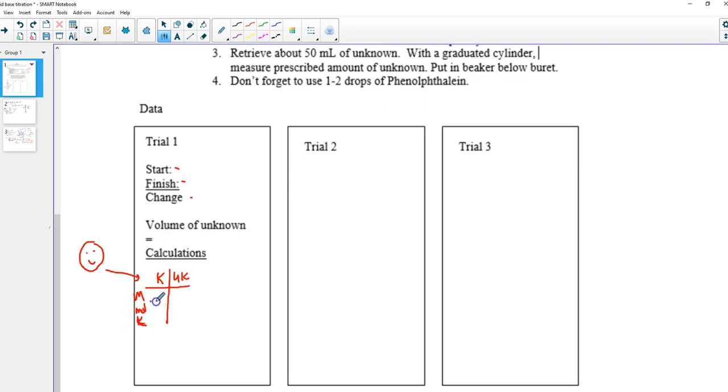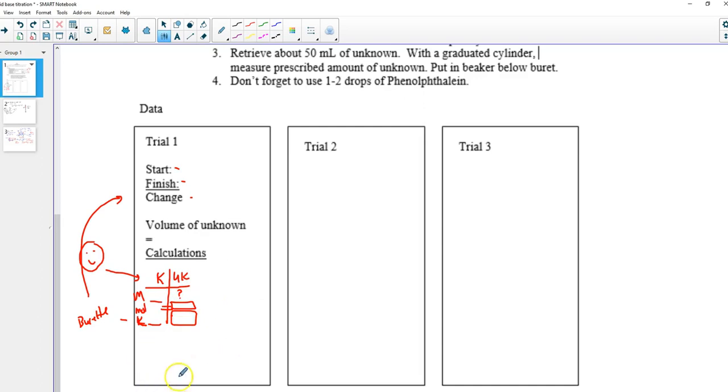The known will have a known concentration, that's why it's known. It will have a known volume, which comes off the burette. And then the unknown will also have a volume, and at equivalence, these two moles are equal. So I know everything here except for this one. Show your work along the side, that's required.